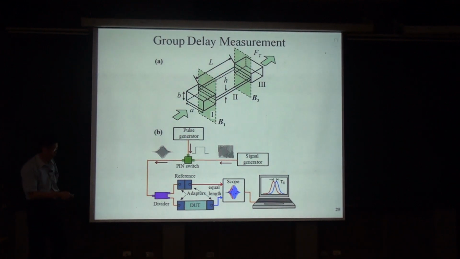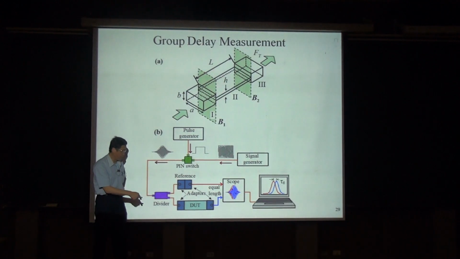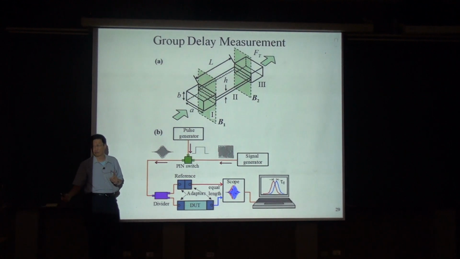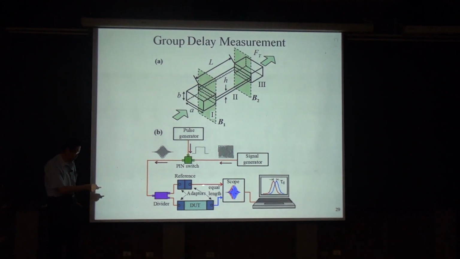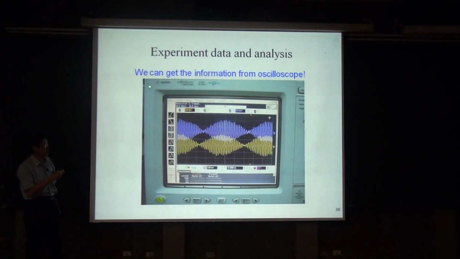Okay. So we must keep these two, the red line and blue line, equal lengths. Otherwise, we'll have some trouble. So we have to double check the result. Also, we can measure everything in the scope. This is the information we can measure.